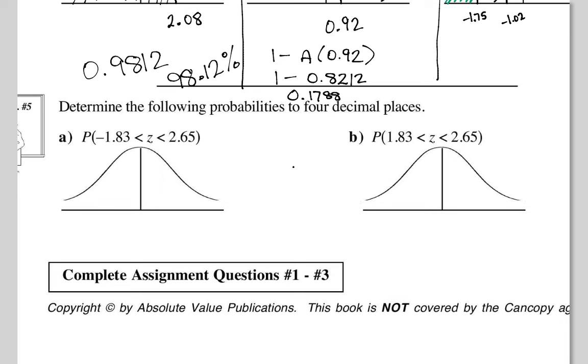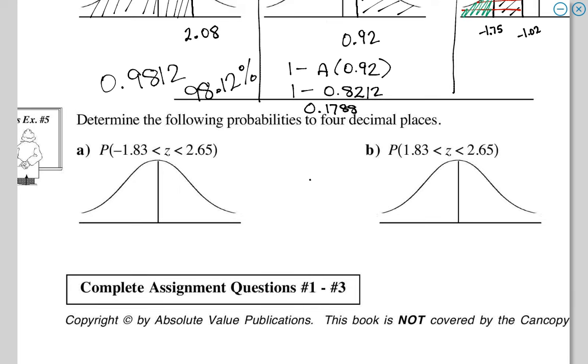Okay, where does 1.83 live? And where's 2.65 live? Now we want the probability that you're going to fall in this region. Probabilities are values between 0 and 1. They're decimals.